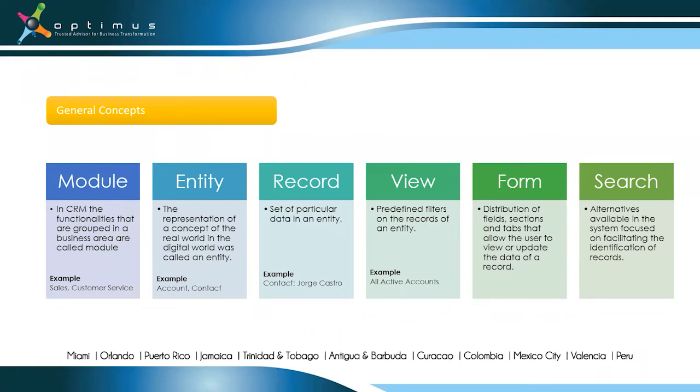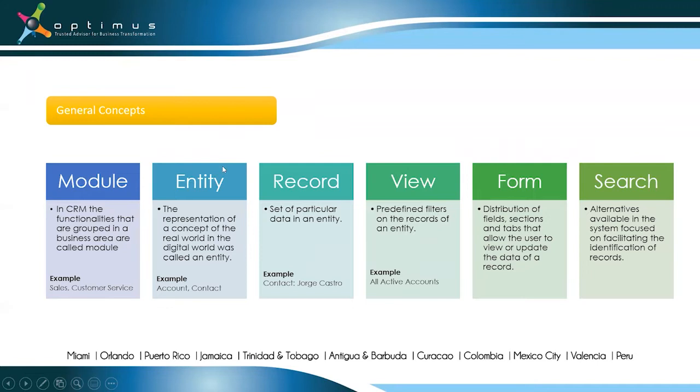Additionally, as I will show you later, we could customize specific models. I could define a settings model, or a project model. By default, the CRM includes the sales model, the customer service model, and the marketing model, but you could define your own models. Basically, it's a group of functionalities.